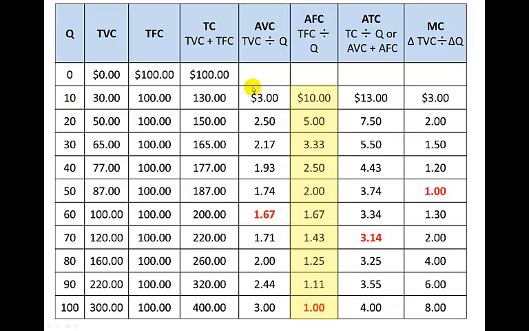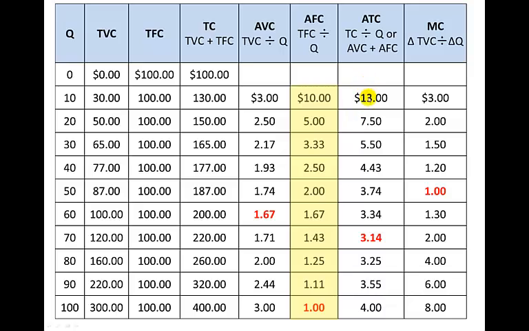Before we get to marginal cost, I just want to draw your attention to the 3 numbers in red, which represent the minimum values for all these costs. Note that the minimum value for average variable cost falls somewhere in the middle. Average variable cost starts decreasing, it reaches some minimum, and then it increases again.